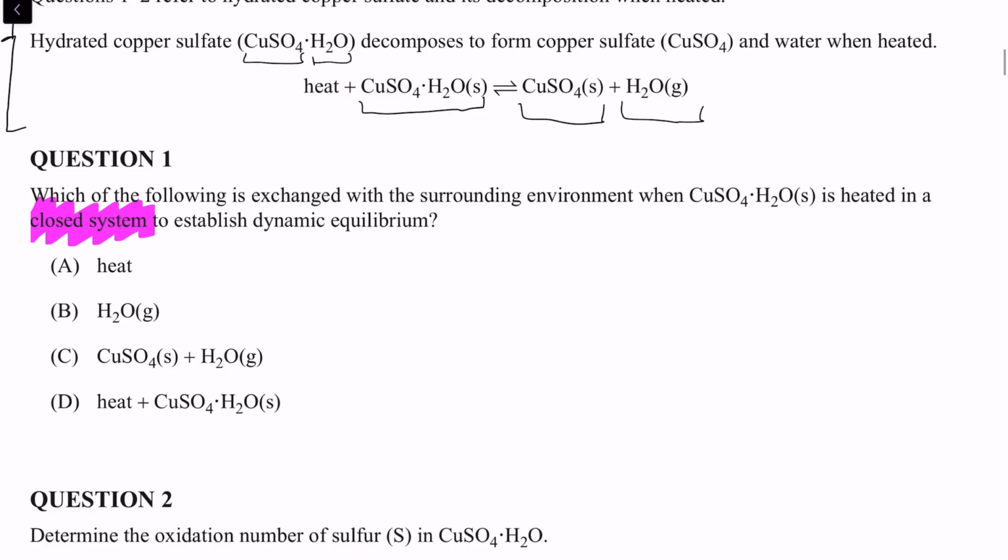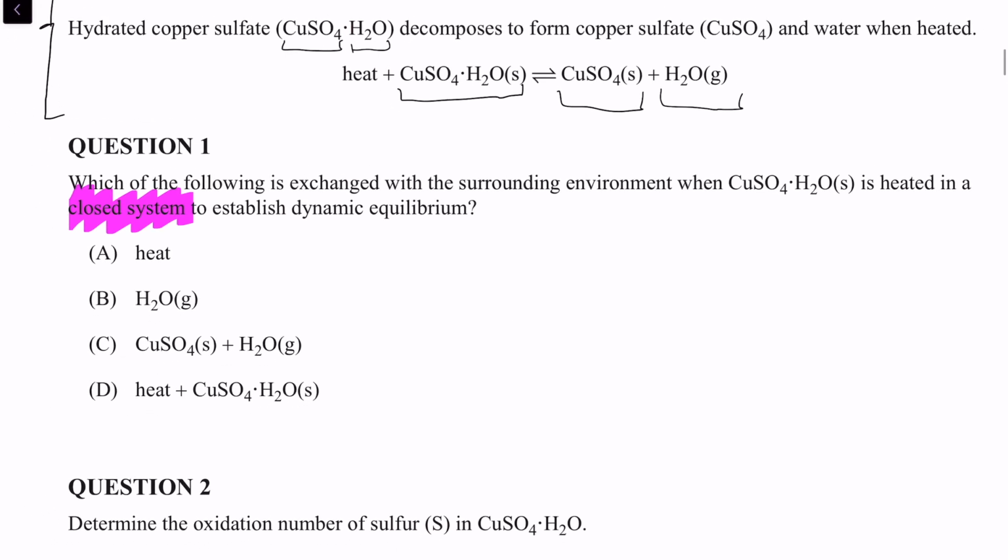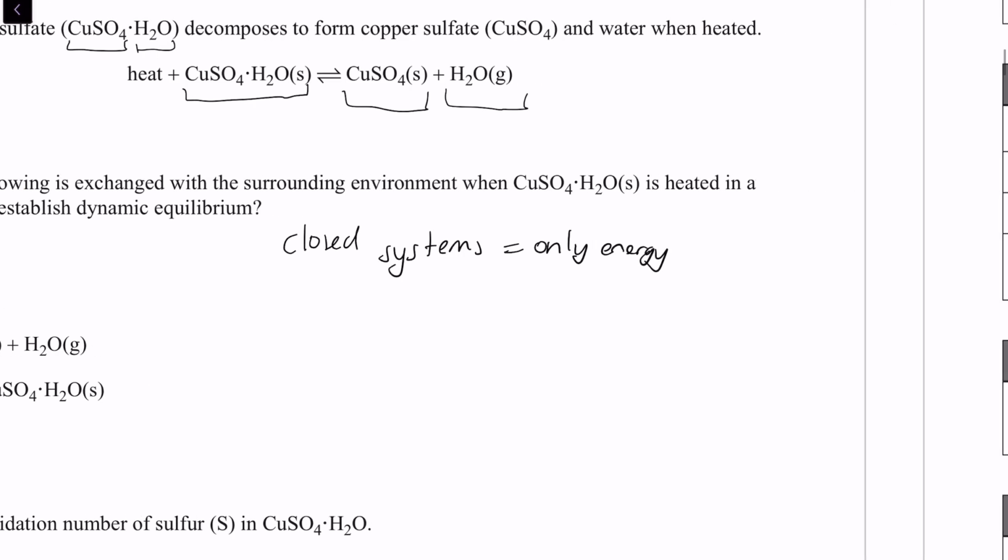Now, it involves you having to know that in closed systems, and this is one of your dot points as well, you need to recognize that in a closed system, only energy, so just heat, is exchanged, not matter.